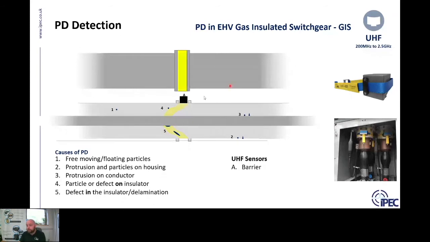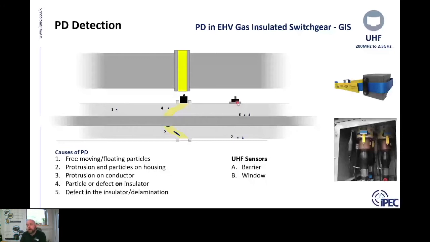we would attach that. A window sensor: more modern GIS equipment may have a window installed, which of course is still sealed in terms of keeping the gas inside the chamber, but has the ability to apply a UHF sensor, and it's a UHF window. So UHF signals will still be able to escape through that window.